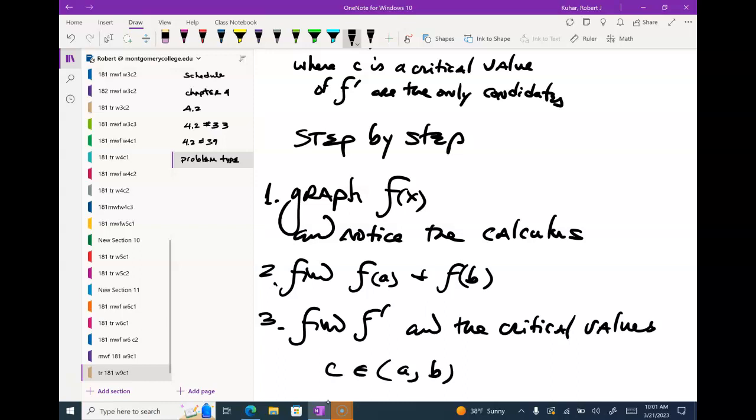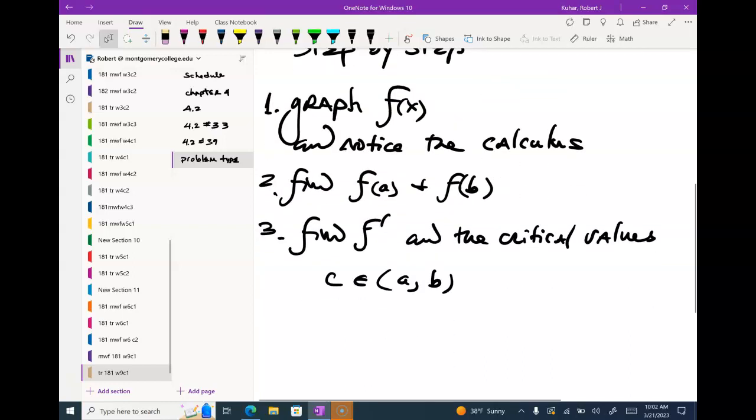I don't care about critical values outside of my endpoints. And I don't care if a critical value is an endpoint, because I already know the height at the endpoint. I found f of A, I found f of B. Find f of C and conclude.